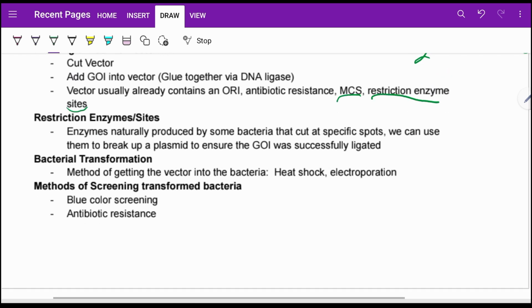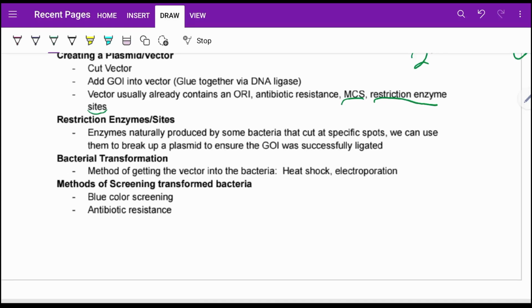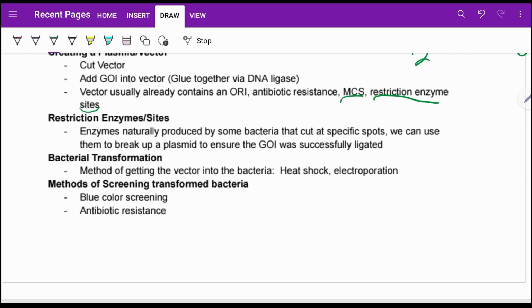And when we do this restriction digest, we will get to checking it later when we talk about gel electrophoresis. But when we do bacterial transformation, we can either use heat shock or electroporation or other methods to basically get the bacteria's membrane to open a little bit so that the plasmid can go in and the bacteria will accept it and start making copies of it and start transcribing it and translating it and expressing the genes.